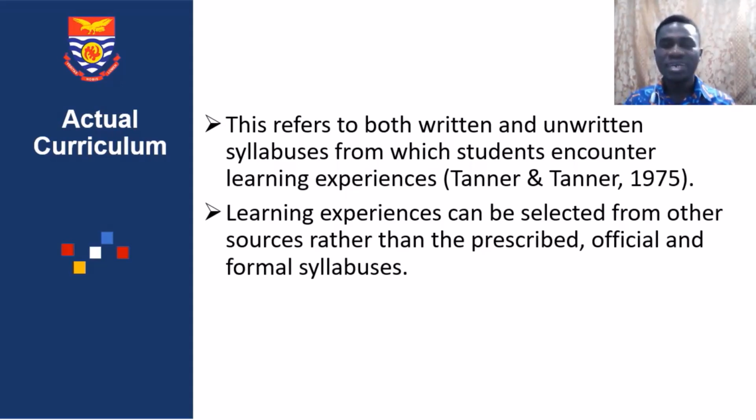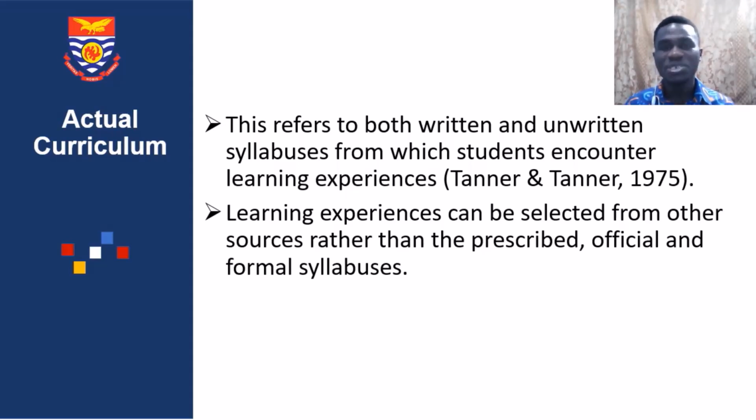Since the actual curriculum is made up of the written and the unwritten, it is referring to the formal and the informal. So the formal and the informal curricula are subsets of the actual curriculum.